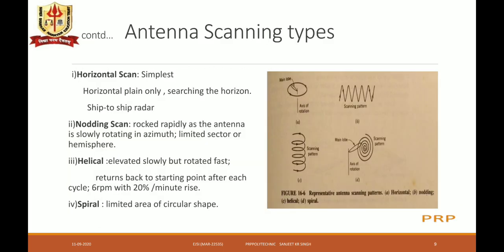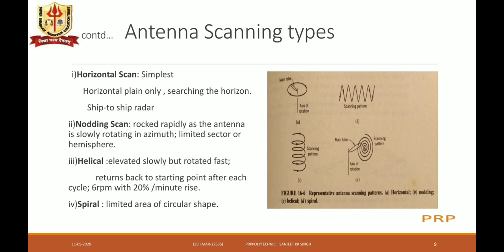Horizontal scanning is the simplest method of scanning, which scans in the horizontal plane only, and this type of scanning can be used for searching the horizon, like ship to ship radar communication.